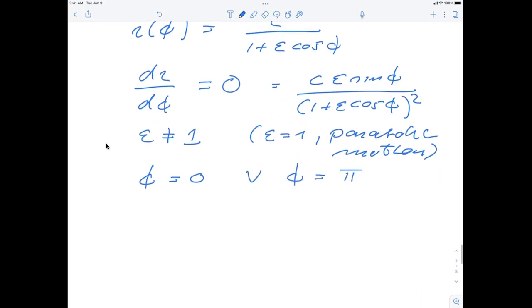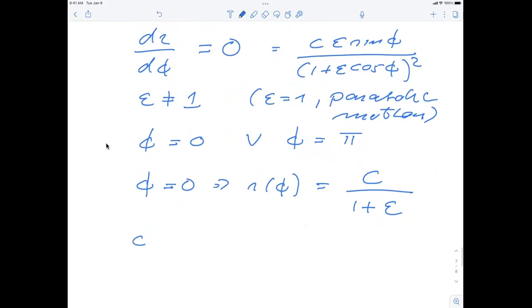So if I put phi equal to 0, we get that r of phi is simply equal to this constant c divided by 1 plus epsilon. If I put phi equal to pi, that means that r of phi is simply equal to c over 1 minus epsilon.